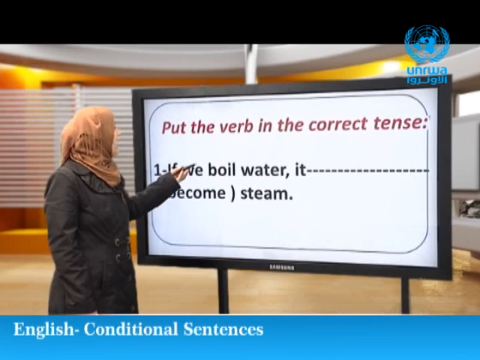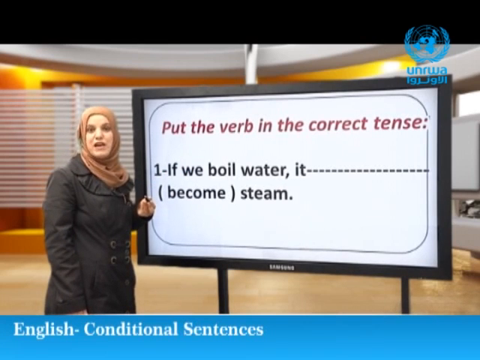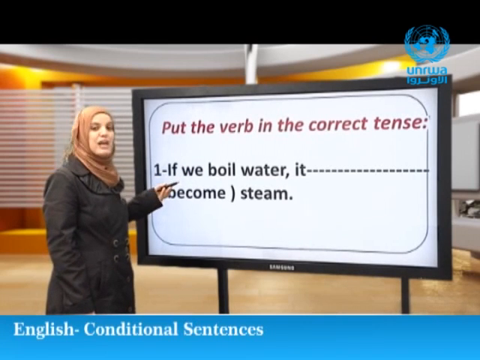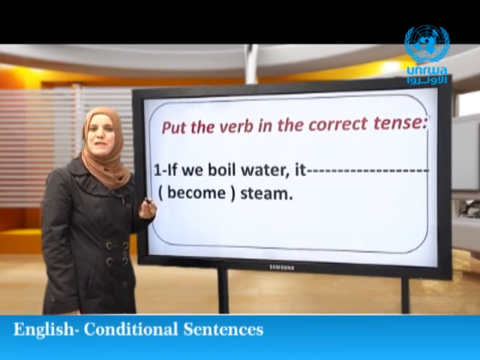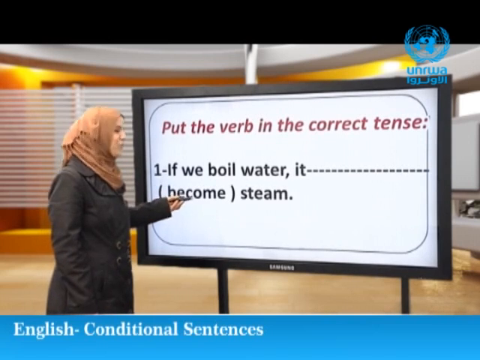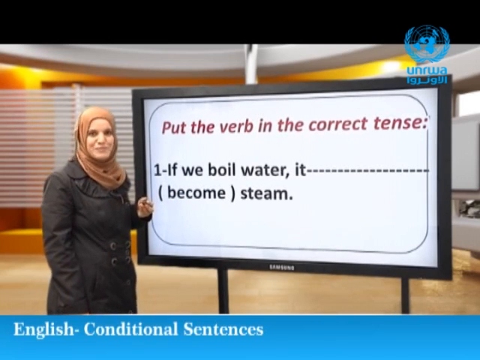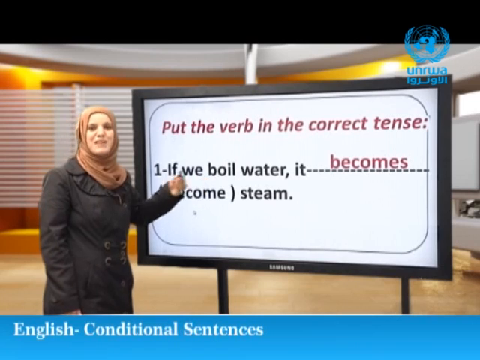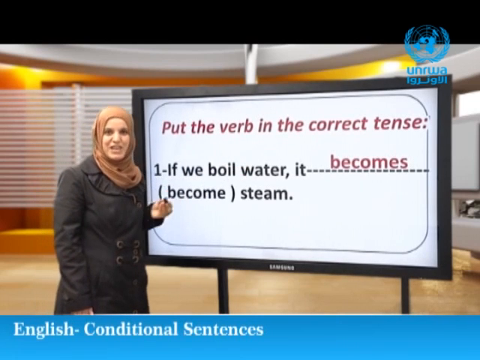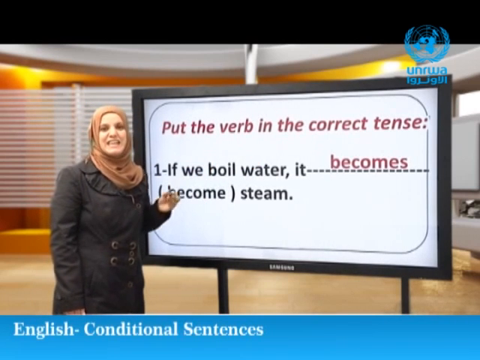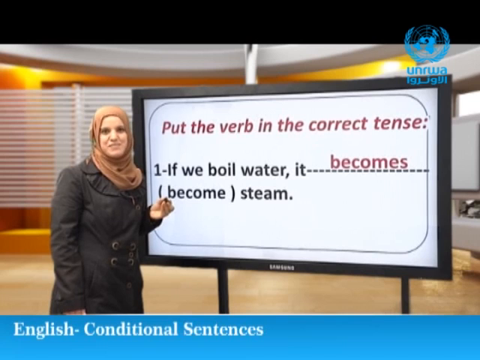So we have present simple tense in the condition and we also have present simple tense in the result. So the verb becomes. It is singular, so we need the third person singular s.